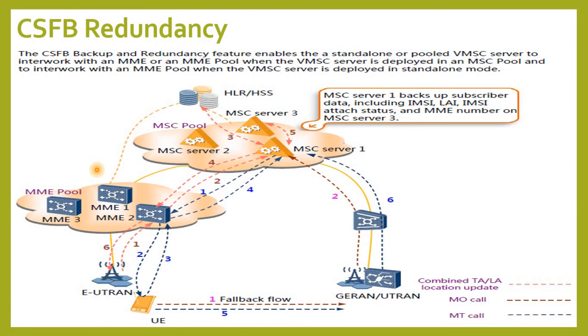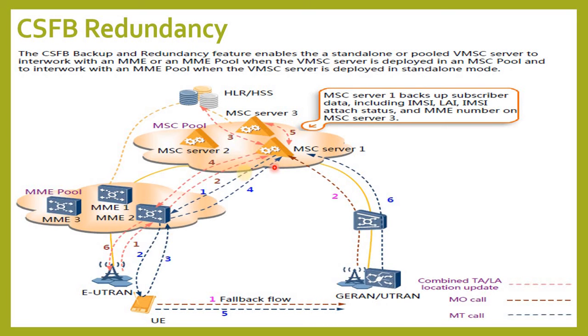Then there are certain mechanisms which are used to ensure the functionality of the CSFB process. One of these functionalities is called CSFB redundancy. The CSFB backup and redundancy feature basically enables a standalone or pooled VMSC server to interwork with an MME or an MME pool. So what is basically this redundancy or backup?